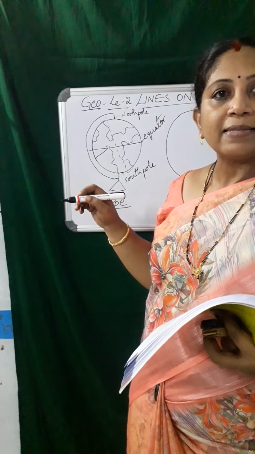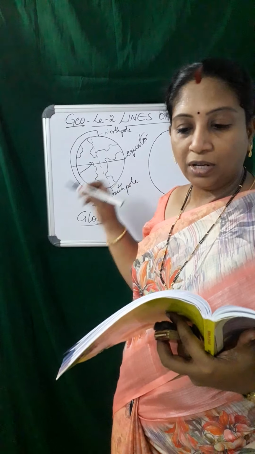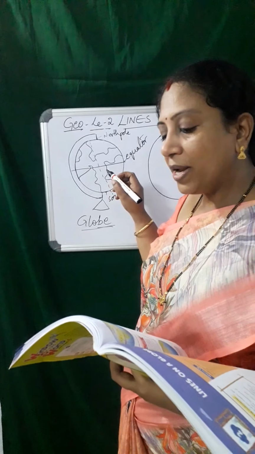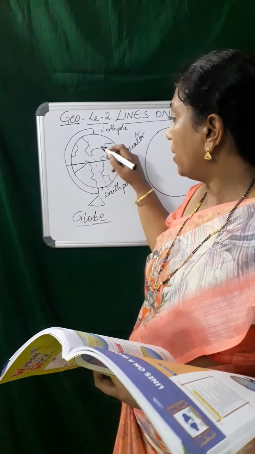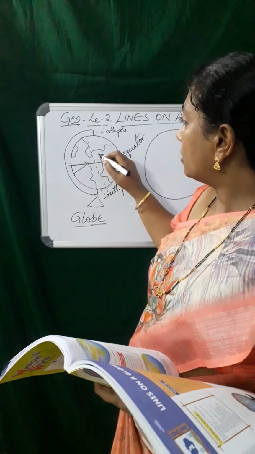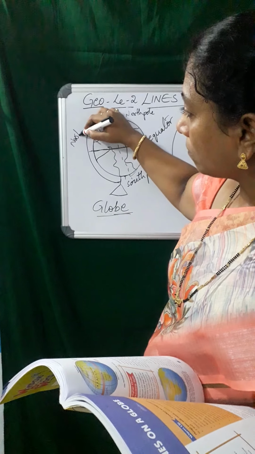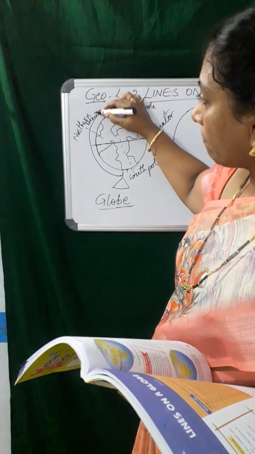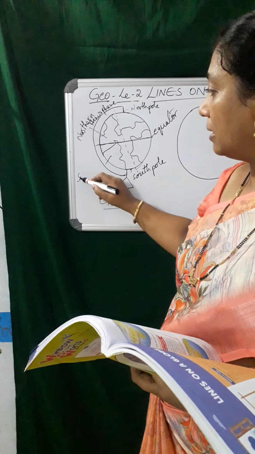It is the 0 degrees latitude. The equator divides the globe into two equal halves. This is the northern hemisphere and this is the southern hemisphere.